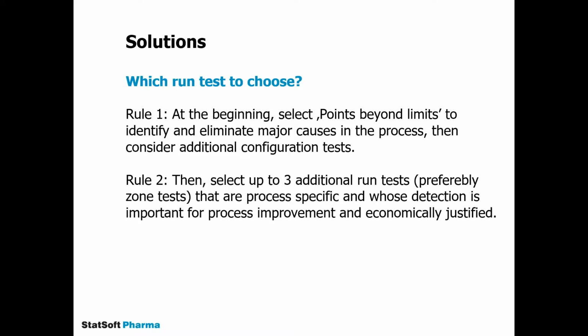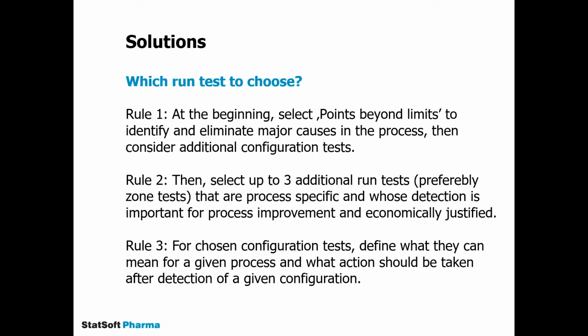Rule number 2, select up to 3 additional run tests, preferably zone tests that are process specific and whose detection is important for process improvement and economically justified. Rule number 3, for chosen configuration tests, define what they can mean for a given process and what action should be taken after detection of a given configuration.